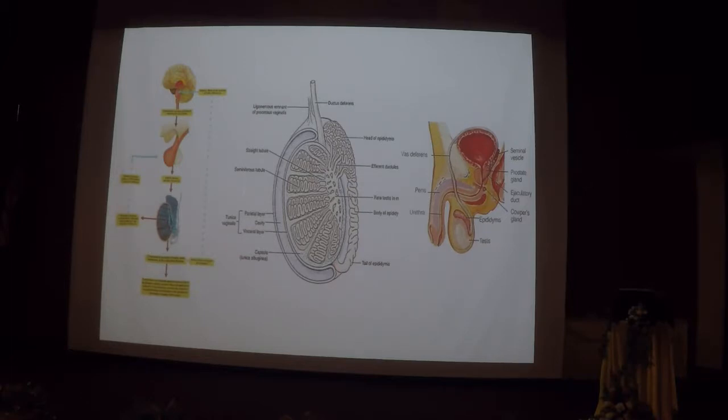If you take the testis and split it into two, under anesthesia of course, you find that there's a lot of what we call seminiferous tubules. This is where the spermatozoa are formed. Then it goes up to be collected at the epididymis.